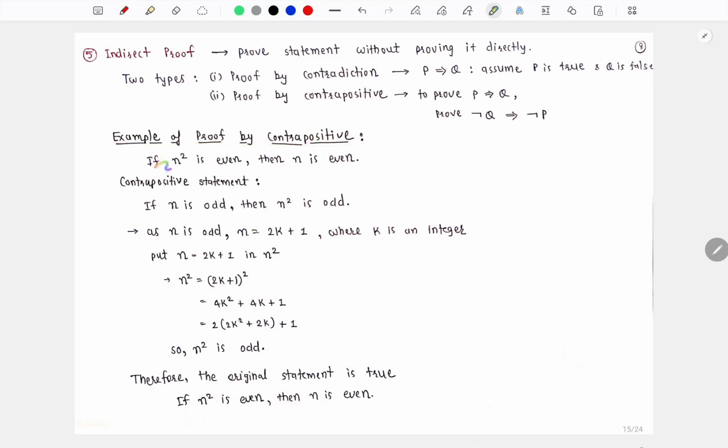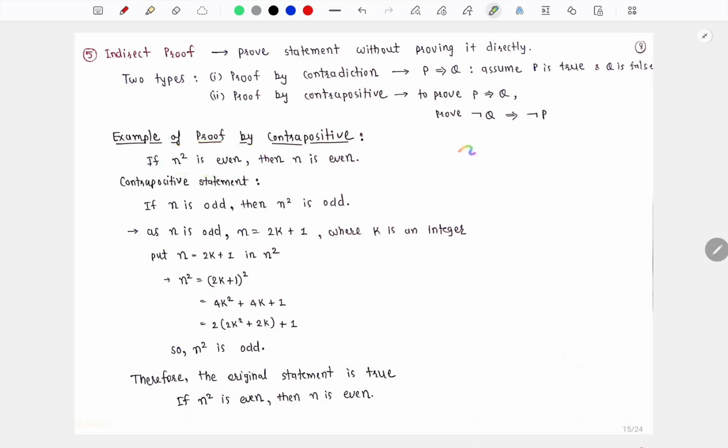If the statement is given as if n square is even, then n is even. So what can be the contrapositive statement? From this, we have to take the opposite of this. What is the opposite of this? N is even. What is the opposite? N is odd. Now we have to take the opposite of this.